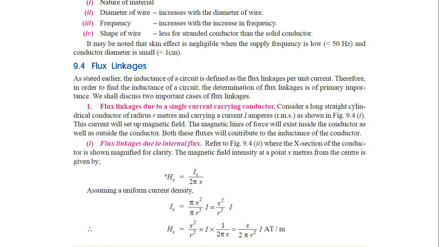Here we will discuss two important cases: flux linkage due to a single current carrying conductor. There will be one internal flux and one external flux, which collectively give you the total flux linkage.